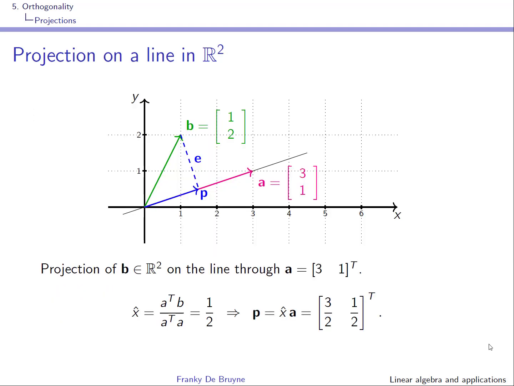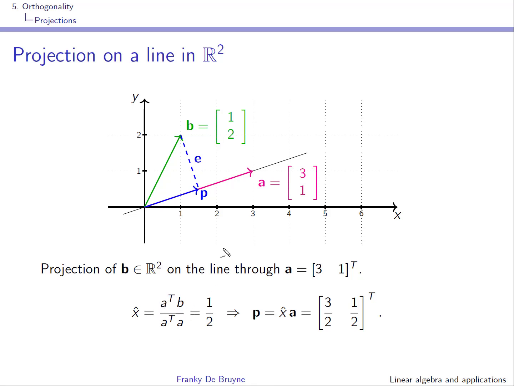Well, let us take a very simple example where we project in R2, on a line in R2, so that we can represent things. So b is projected on A. So remember that the multiplier is the scalar product of A and b divided by the scalar product of A by itself. This can be written in vector notations.